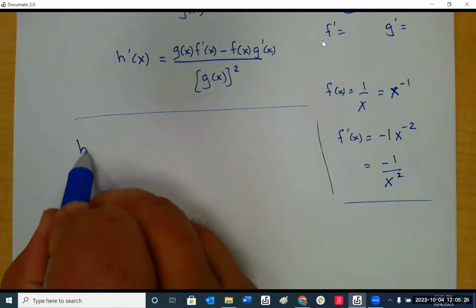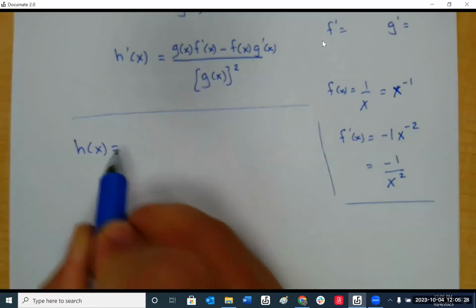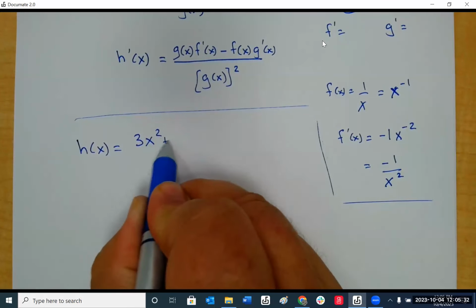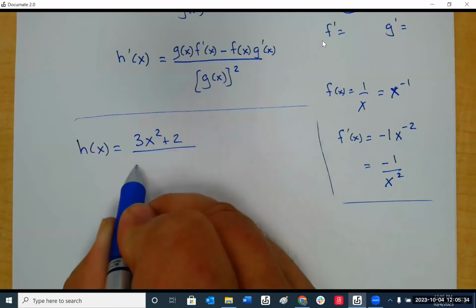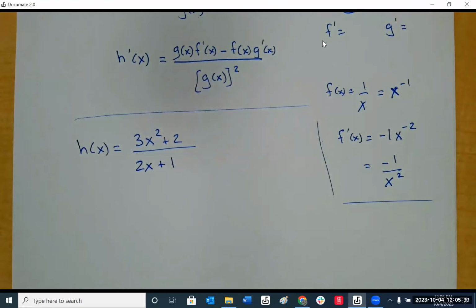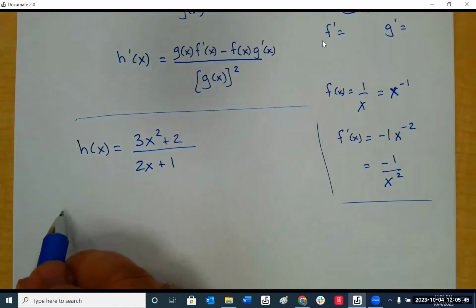Okay, let's say we have our function h of x made up of 3x squared plus 2 over 2x plus 1. Find h prime.